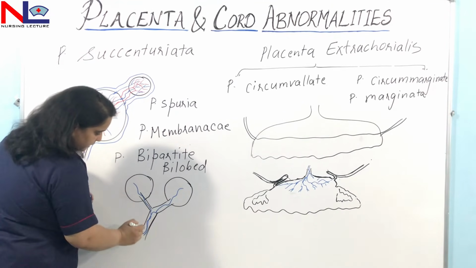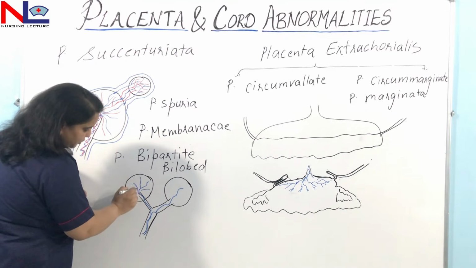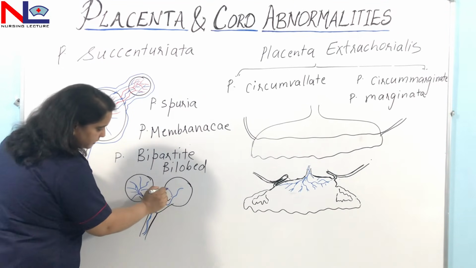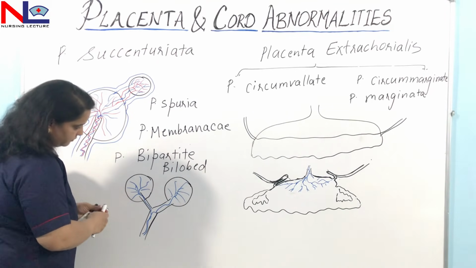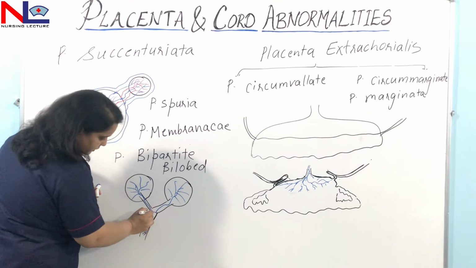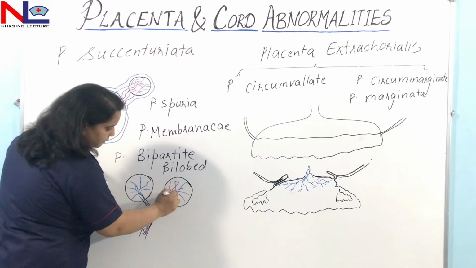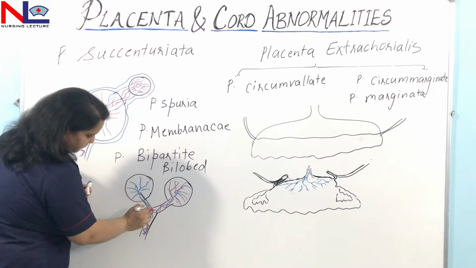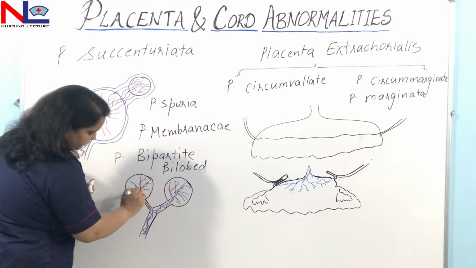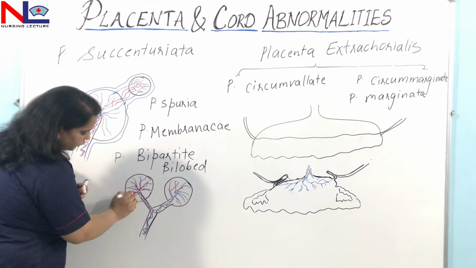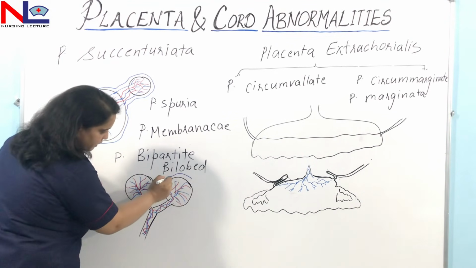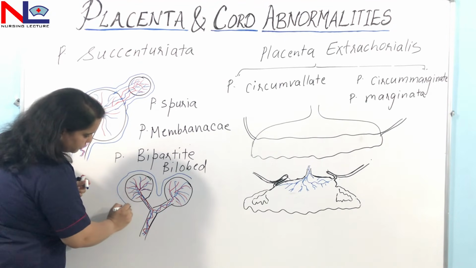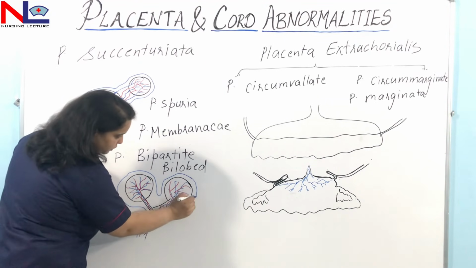The radiating vessels are shared between these two parts, and the membrane also encloses both the lobes together. So the fetal membrane which is forming also encloses both structures together.